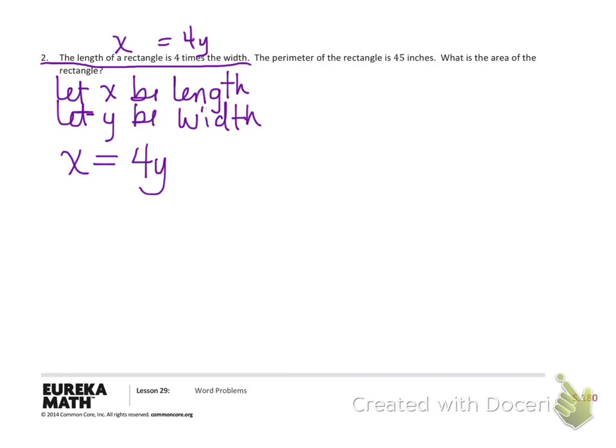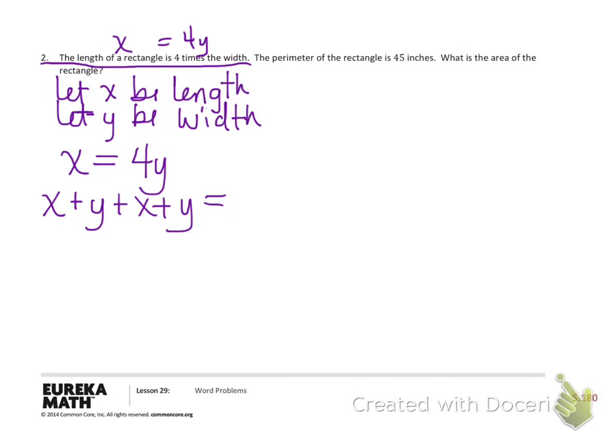The perimeter of the rectangle is 45 inches. So I can write that some different ways, but to find the perimeter, I'm going to do x plus y plus x plus y.